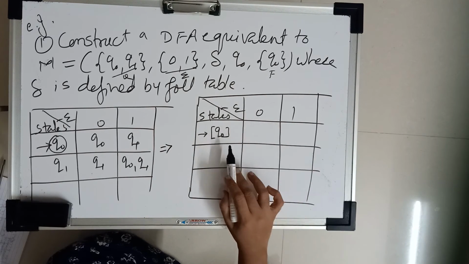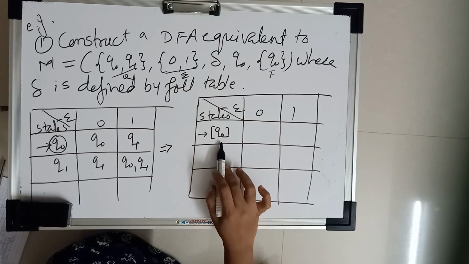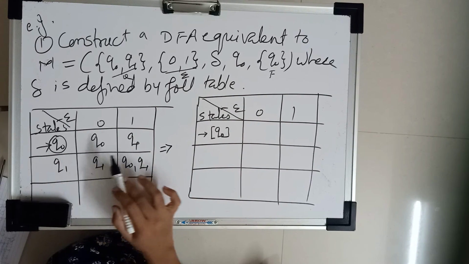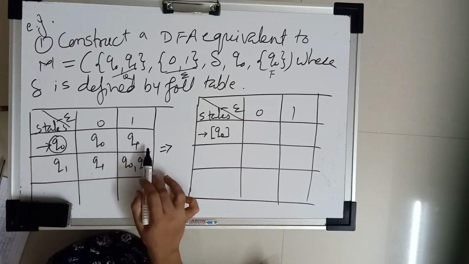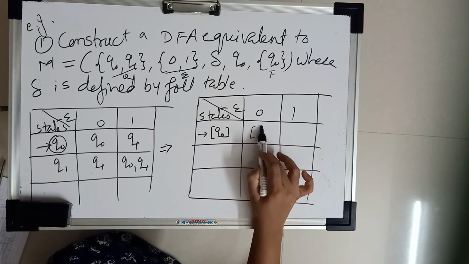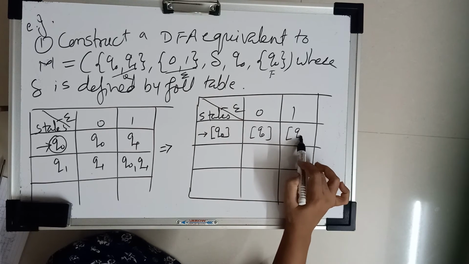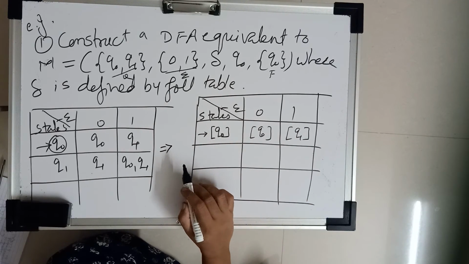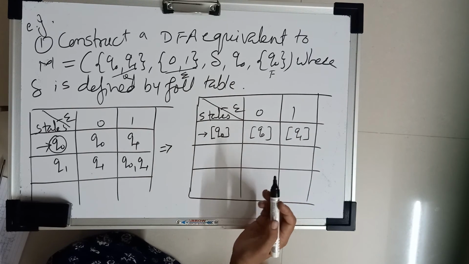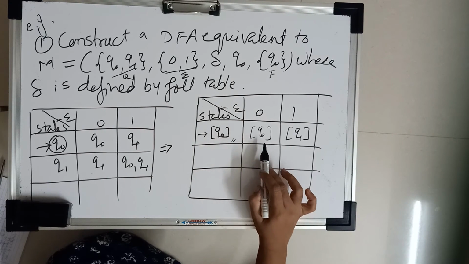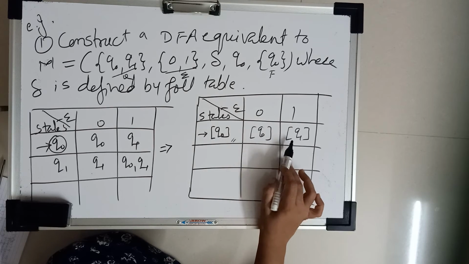Now how do we write the entries for this state Q0? Again refer to this table. Whatever entries are given for Q0 in this table, we'll write the same values here: for 0, Q0, and for 1, Q1. Then what is the next step? How do we find the next state? Except for this one, we check which new entries we get in the 0 column and the 1 column.